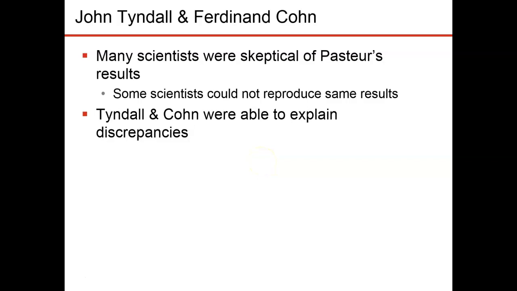But as I said, scientists, once they do their experiment, they like to reproduce those experiments. So you have to replicate the experiments and support it multiple times before a hypothesis becomes a theory. And so once Pasteur published his results, scientists that were interested in his research tried to replicate it, but they didn't get the same results.